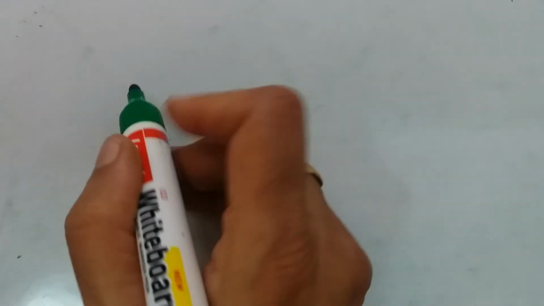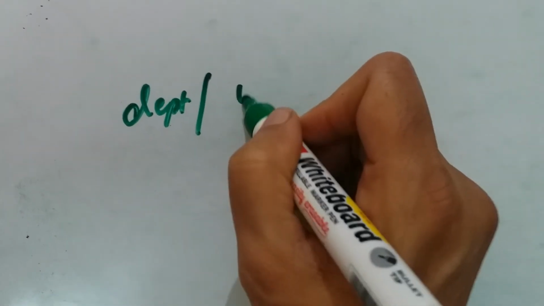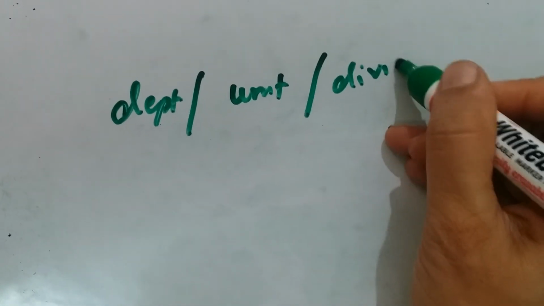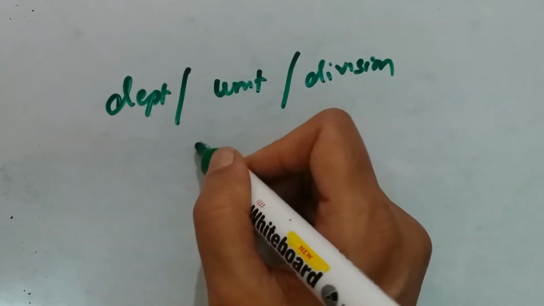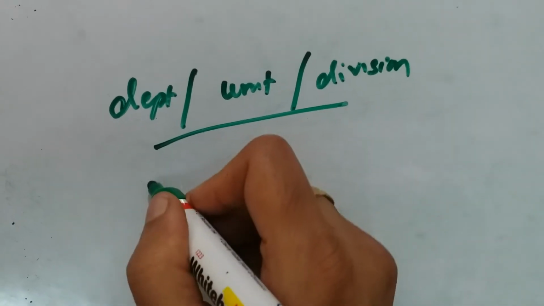So what is a cost center? It is a department or unit or division in an organization which contributes to cost, wherever the cost is being incurred.